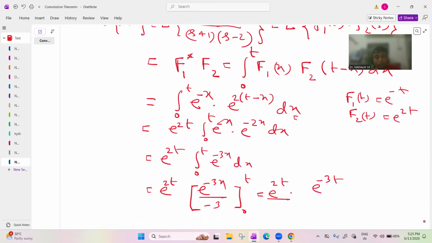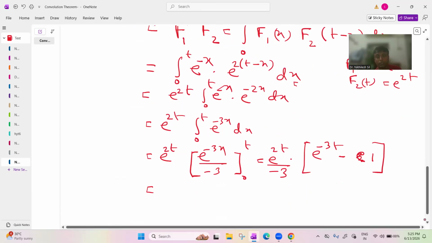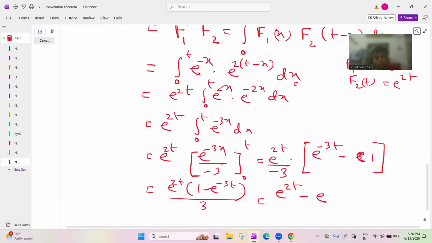We can take minus 3 outside. e to the power minus 3t minus e to the power 0, that is 1. So we are getting minus multiplied by minus. So e to the power 2t into (1 minus e to the power minus 3t) divided by 3. This is equal to (e to the power 2t minus e to the power minus t) by 3.